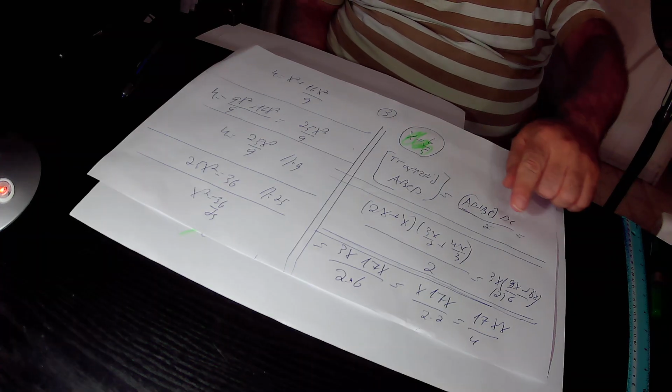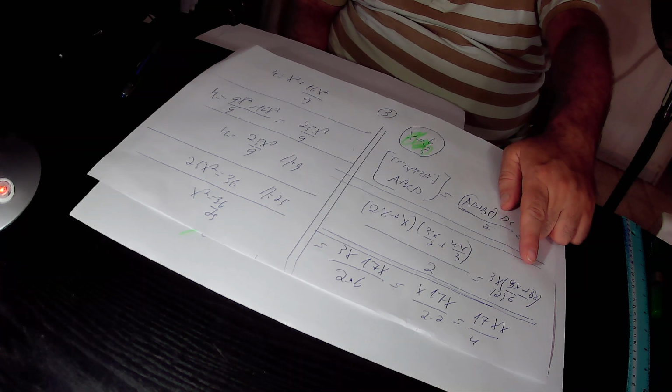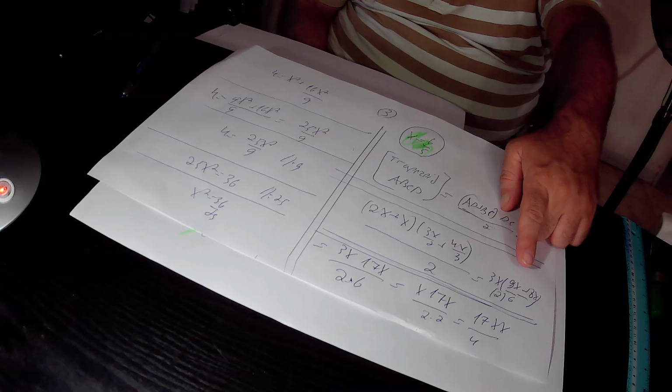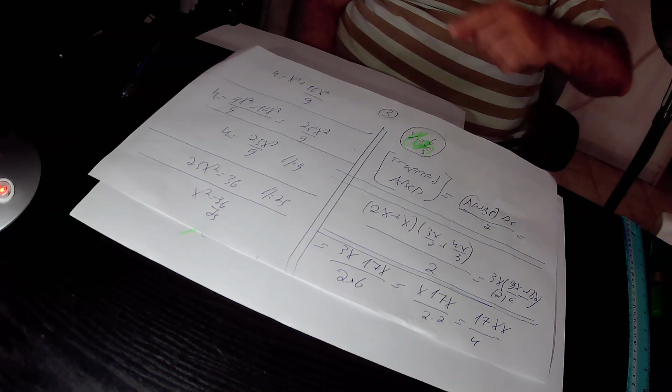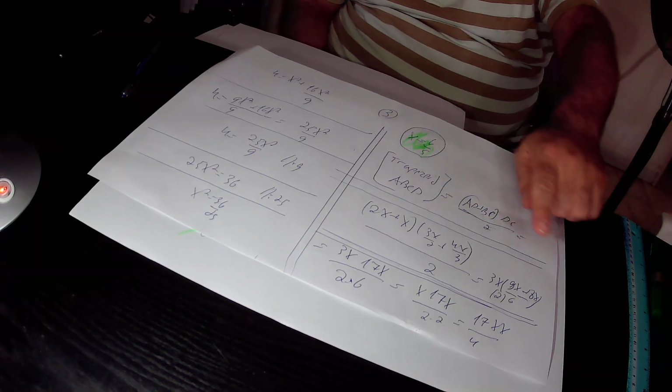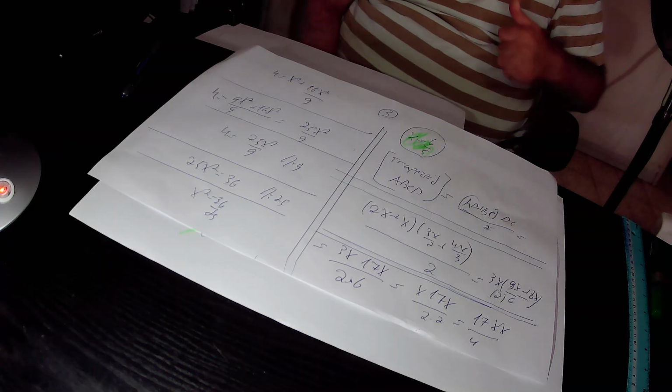So in total, the area of trapezoid ABCD equals 3x times (9x plus 8x) over 6, times 2. So it is 3x times 17x over 2 times 6.